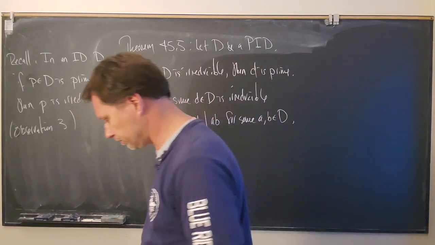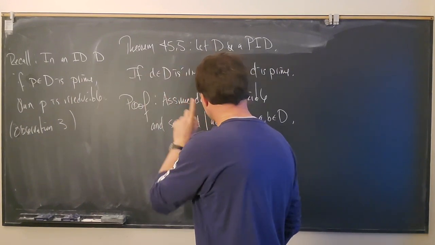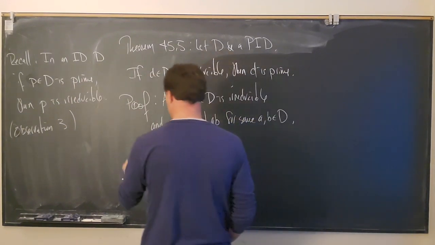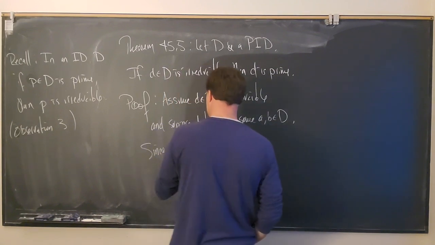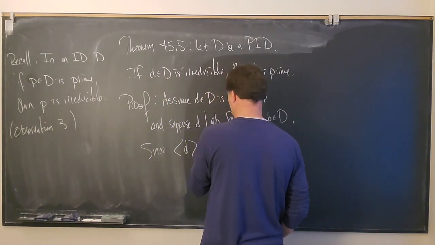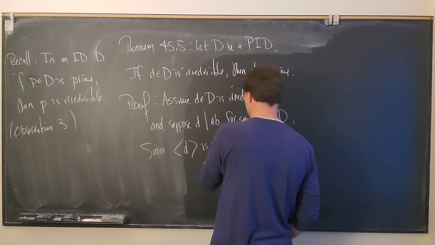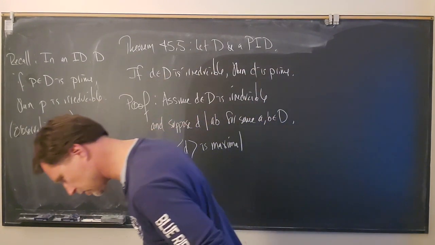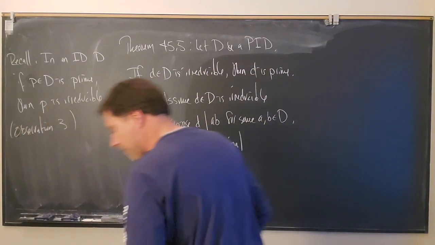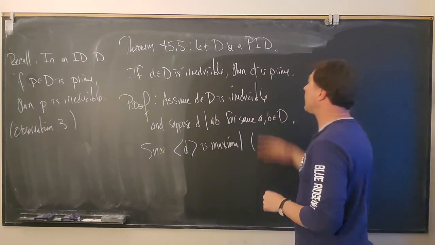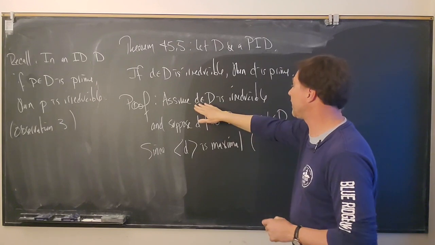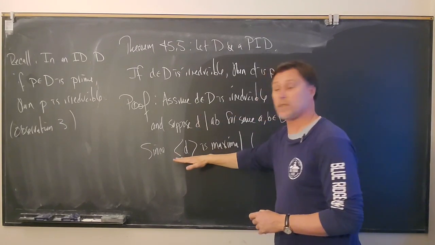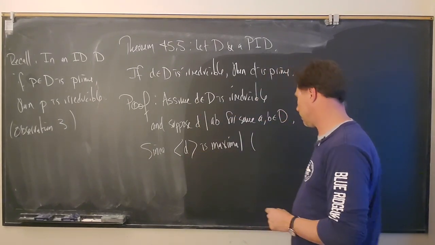Now, here's what we know, what we proved last time. We proved that in a principal ideal domain, irreducibility of an element is equivalent to the ideal generated being maximal.